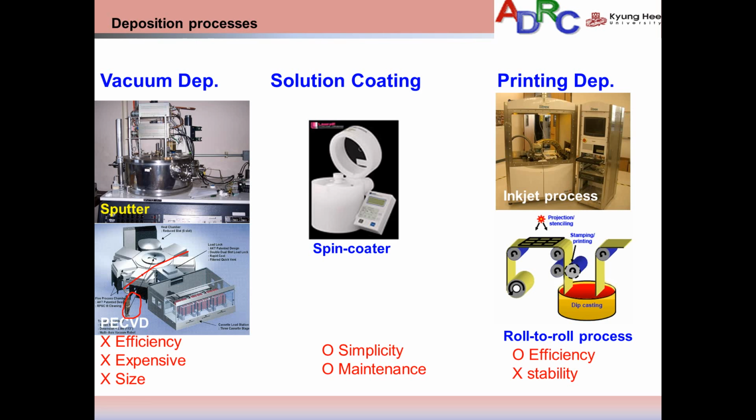But there are other solutions, such as solution processes, such as solution coating, spin coating, or printing. The main idea and focus for this process is that it's very simple to make anything. The maintenance is very easy, and it costs almost nothing. The spin coater also is not the same size as this image here. It's actually very small.